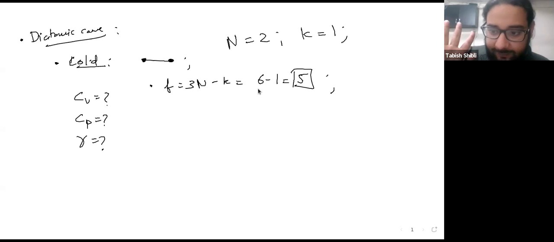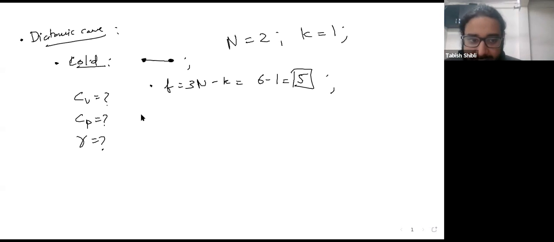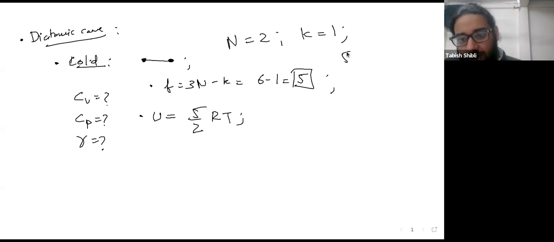Notice that all these 5 modes are just kinetic in nature. So यानी कि सब में energy कितनी जाएगी? So what will be u? It will just be 5 by 2 RT, because it was 1 by 2 for each. So 5 by 2 kT for one molecule, and for any number of molecules it will be 5 by 2 RT.